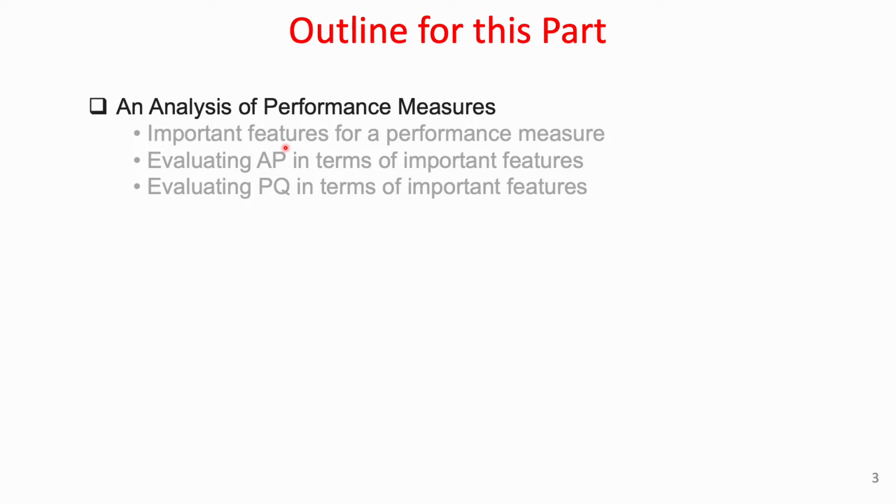These features will facilitate analyzing how good a performance measure is for evaluating different visual detection tasks. Then we will evaluate average precision and panoptic quality with respect to those important features. We will see that average precision and panoptic quality do not satisfy some of the important features that we expect from a performance measure.